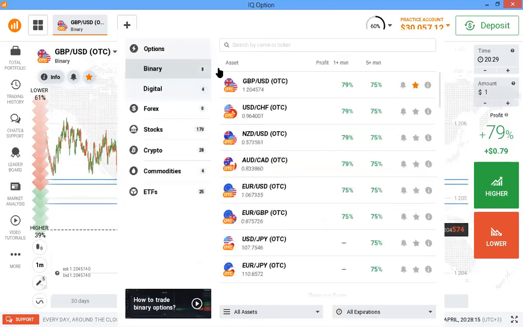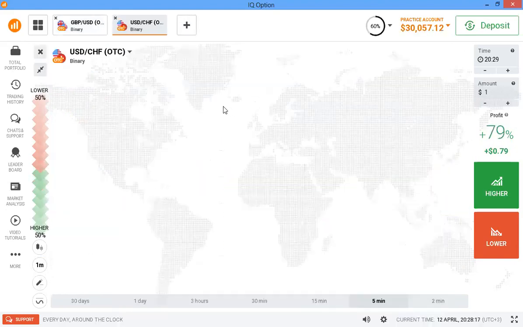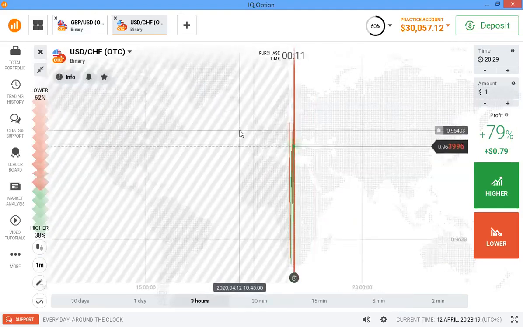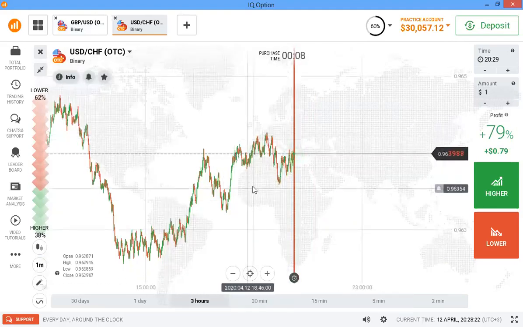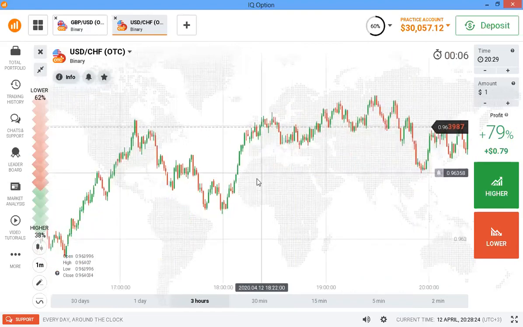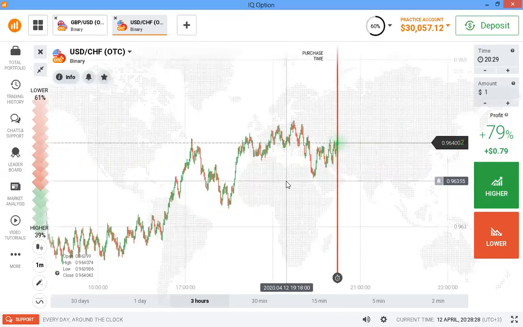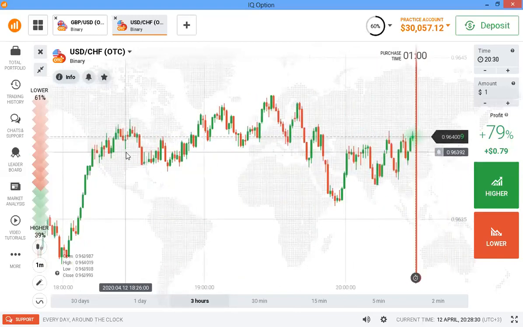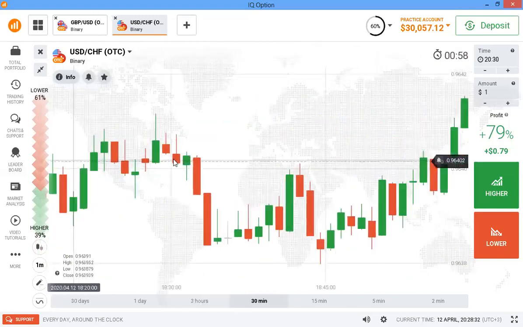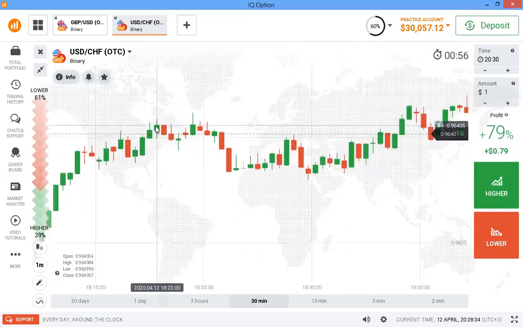So let me open another chart. Let's see this. Here, this is a resistance. There are two ways to catch this resistance.